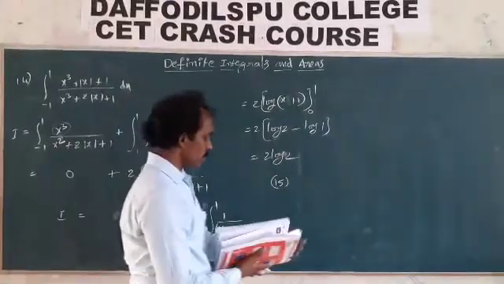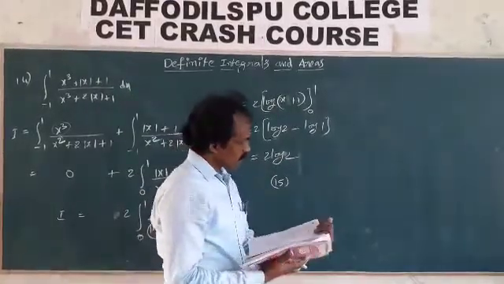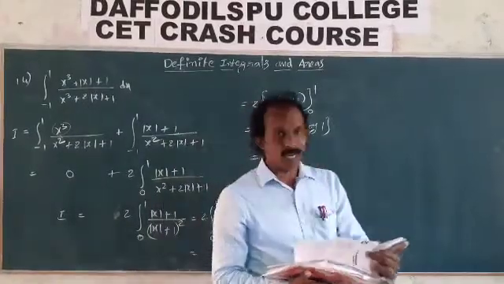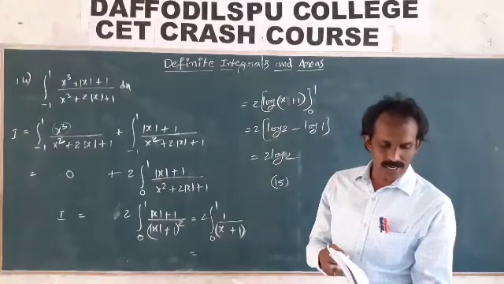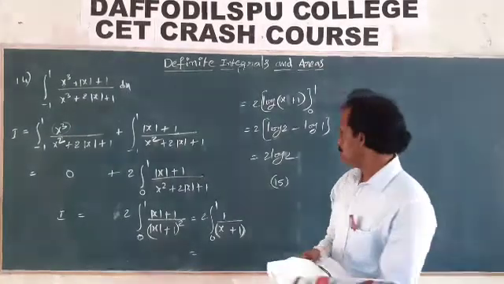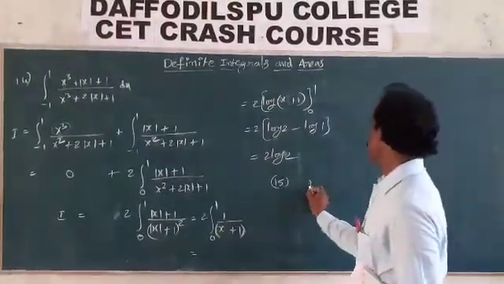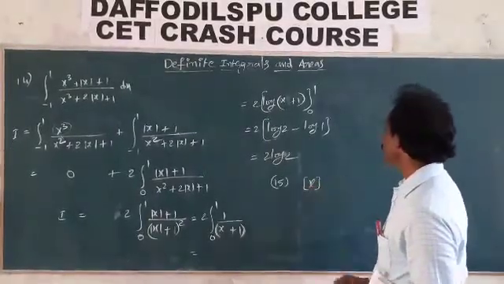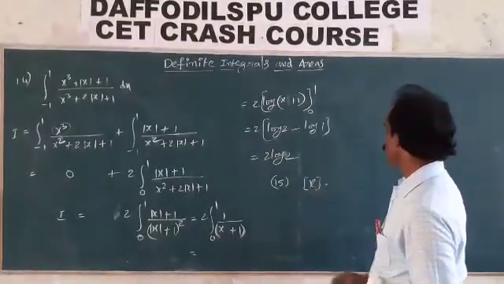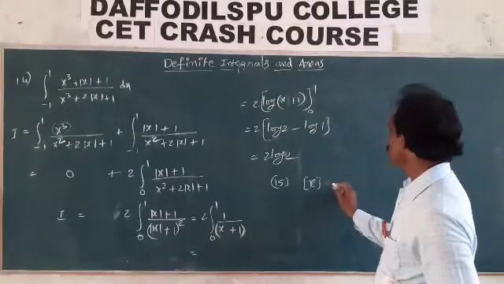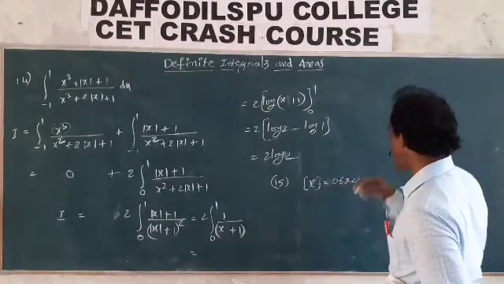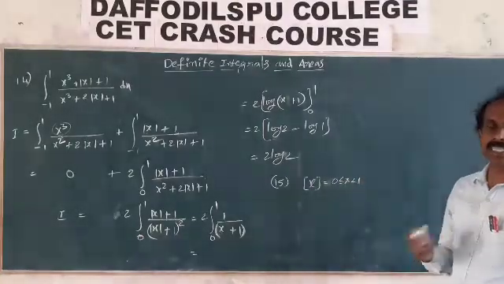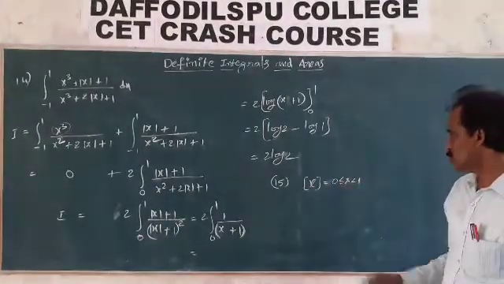Next, the 15th problem. Step x denotes the greatest integer function. What is the greatest integer function? Suppose x is between 0 and 1, with 0 less than or equal to x less than 1, then the value is equal to 0.